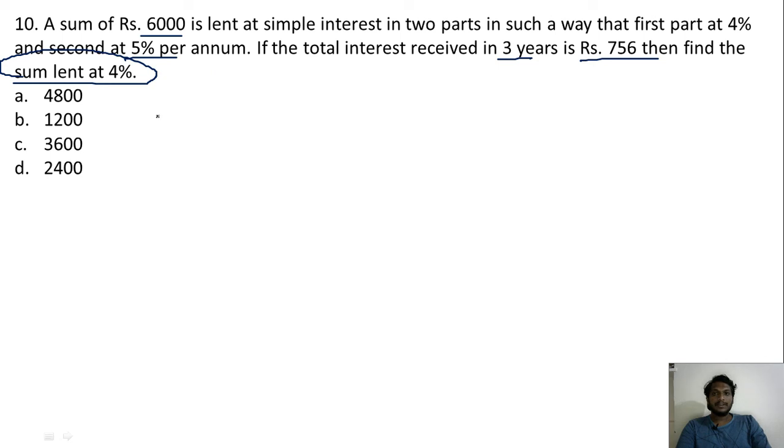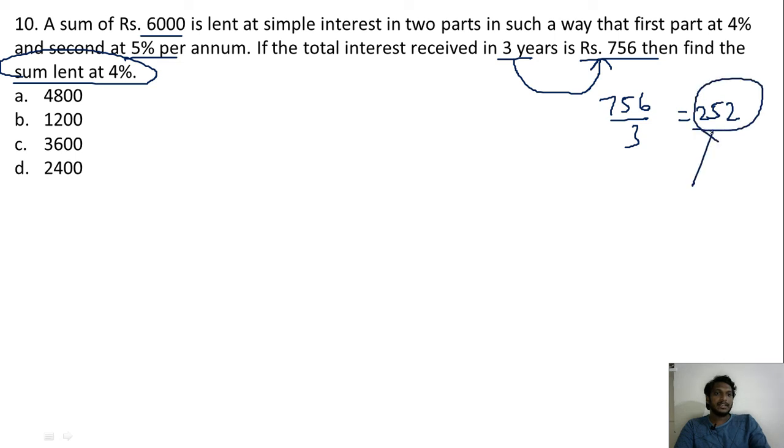Now here we will be using alligation method. For that we have to see the cumulative interest for one single year. That means 756 by 3 will be equal to 252. So for 1 year you get 252 as the interest.